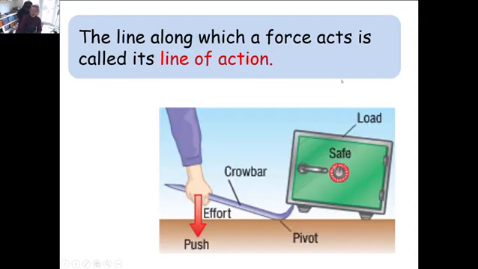If we go back to the diagram we had before, you can see the force is in the direction of that downward arrow. So the line of action of that force is this line here, straight down.